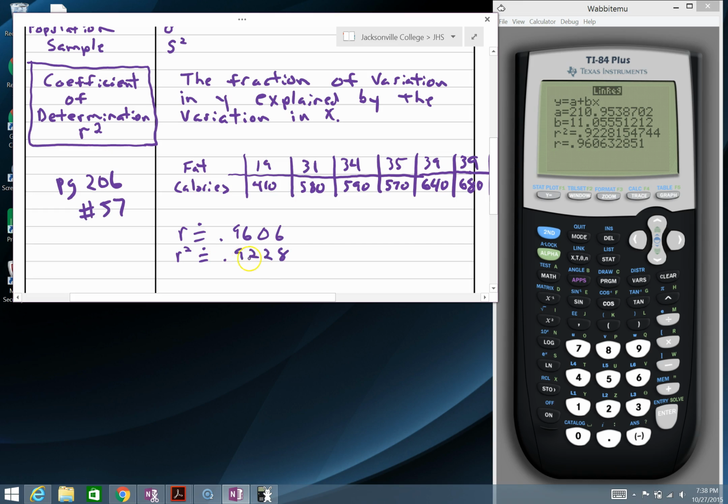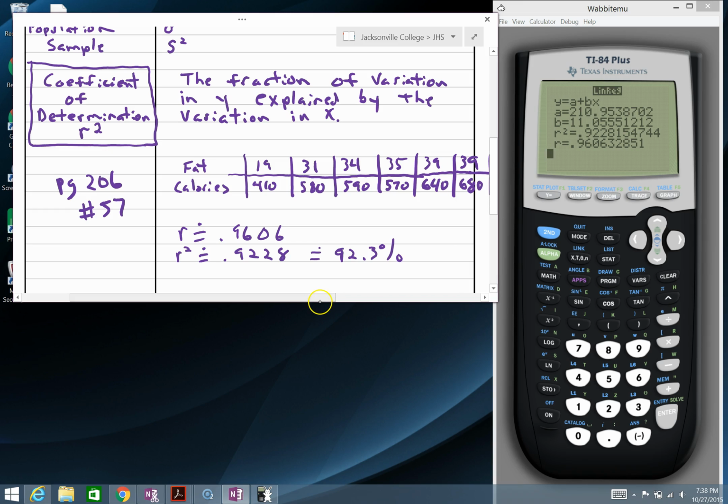Alright, and we can think of this R squared as a percent, so this is approximately 92.3%. Alright, so we can say that 92.3% of the change in calories is explained by the change in fat content. Well, what does that mean?